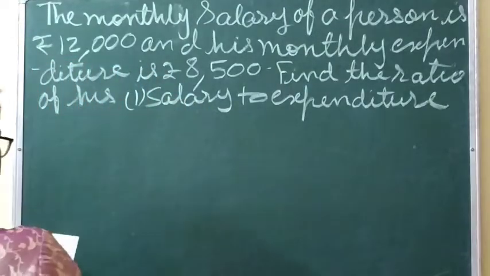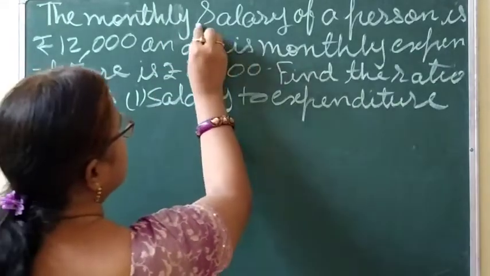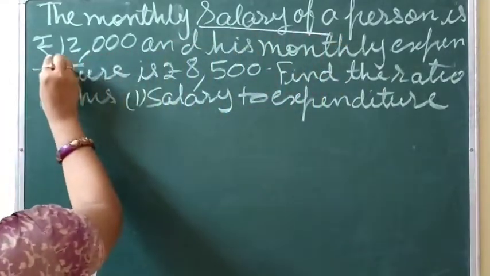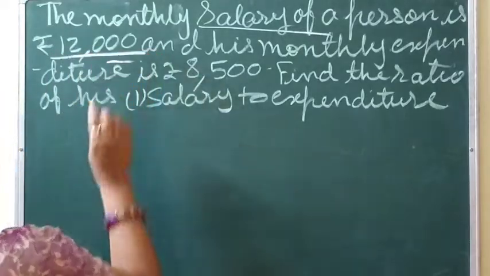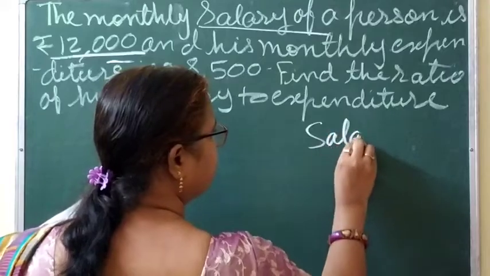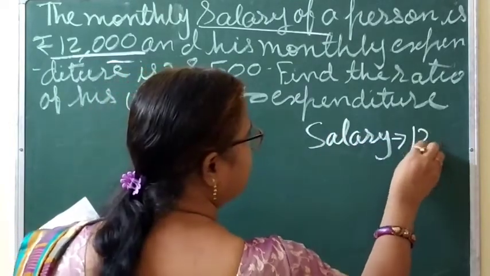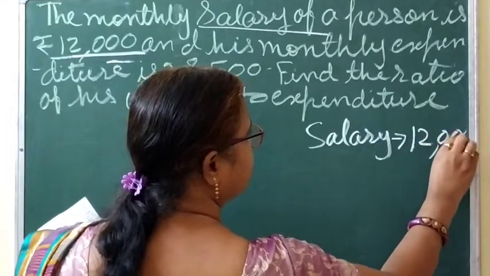Clear? So now let's first see what is given. Salary of a person is given, rupees 12,000. So here we write salary is rupees 12,000.